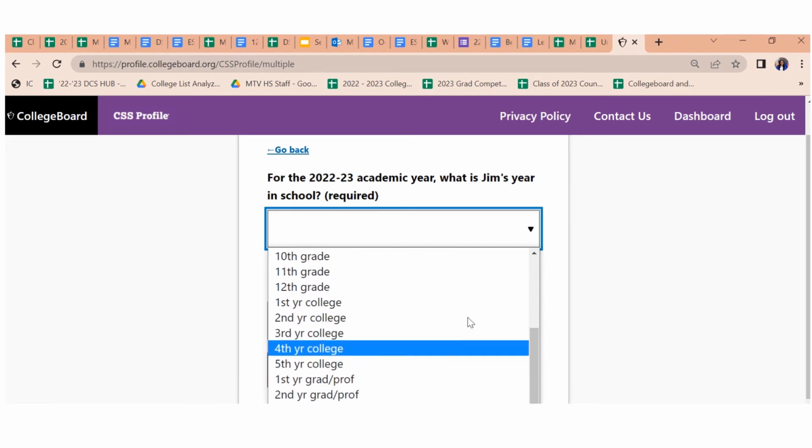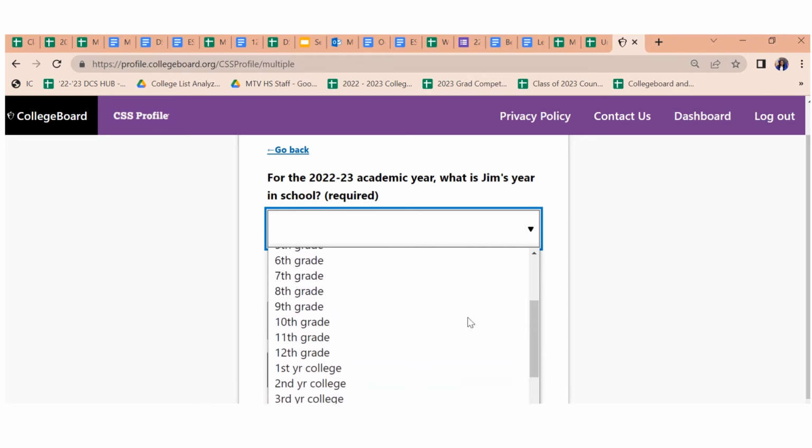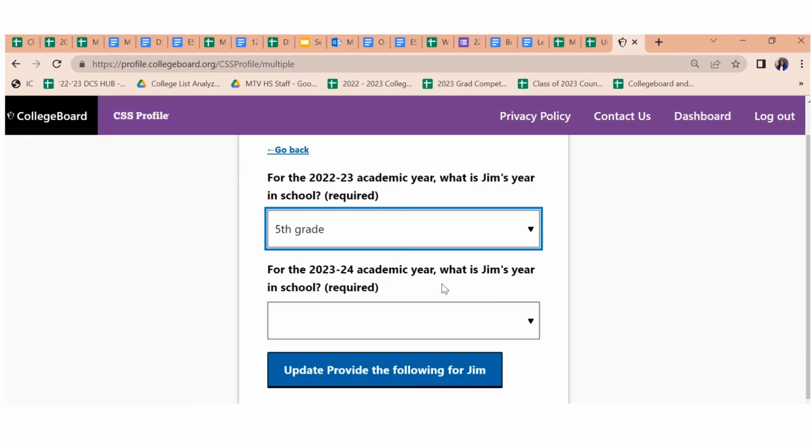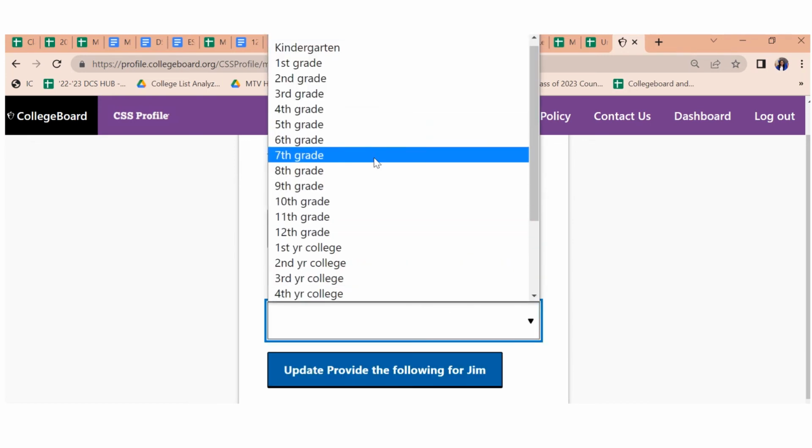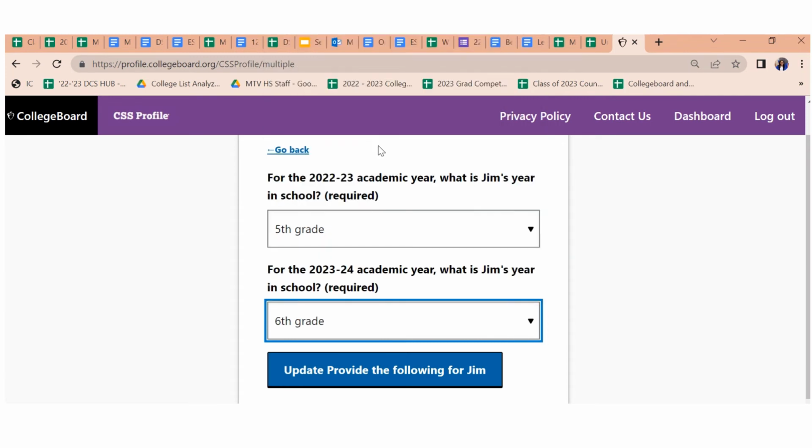So it will indicate if the student's in college, in high school, in elementary school, and then it will ask what grade will that student be in next year. So when your student is in college, in the 2023-2024 school year, what will this sibling's grade level be?